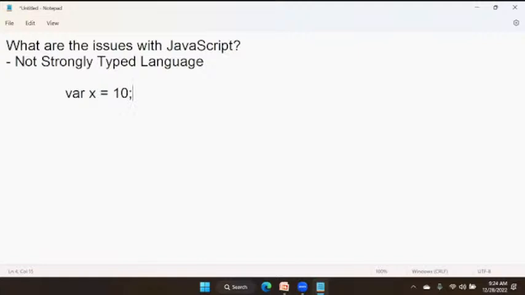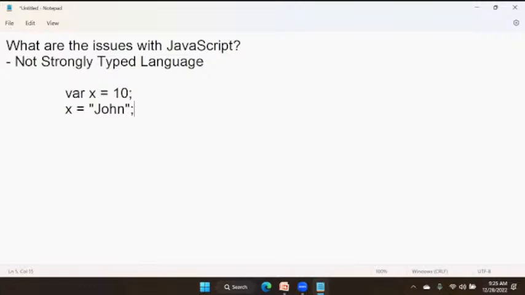Data type, integer, right? Now, into this, I store some name. It is a string type. So, is it valid to store a string in an integer type?